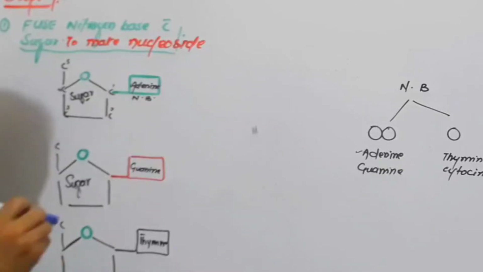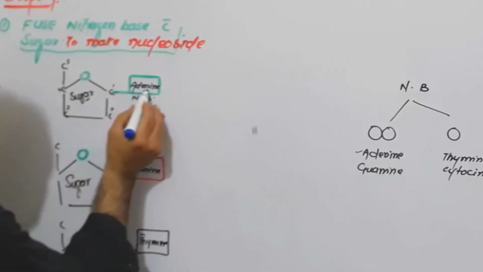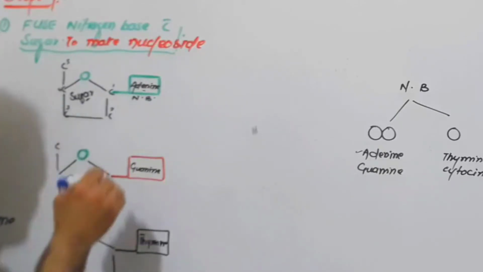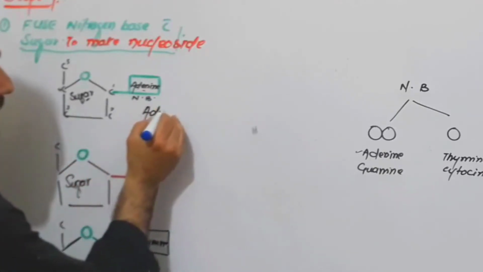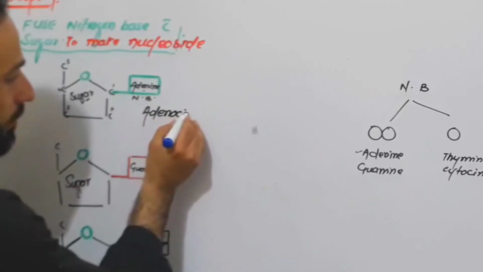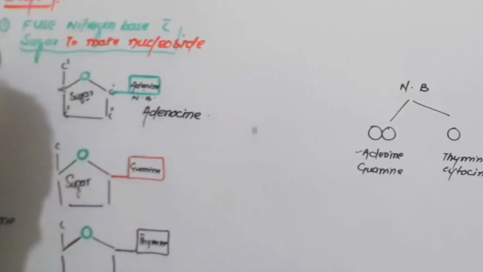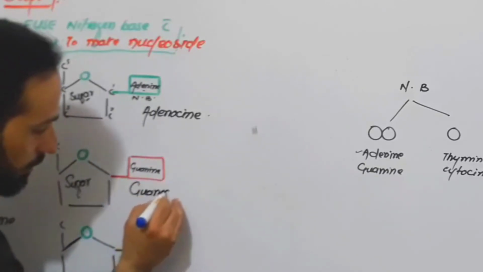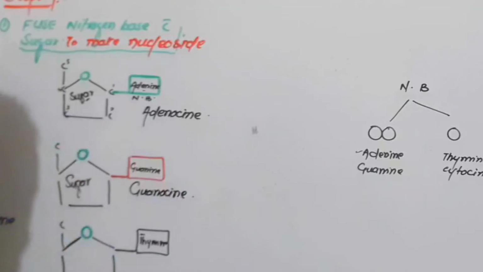Let's name them. Look friends, if adenine is combined with sugar, we call it adenosine, right? Guanine combined with sugar, we say this is guanosine, right?